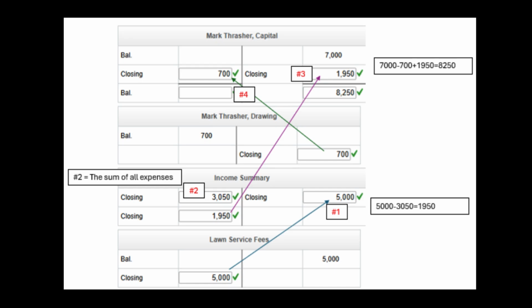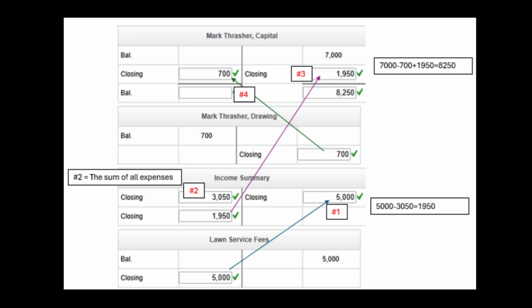After that, number 2. Where does that number come from? We are closing expenses to income summary. Underneath lawn service fees, you're going to have a whole list. I think it starts at wage expenses and goes all the way to miscellaneous. You're going to add all of those up, and whatever number you come up with is what you're going to plug in for number 2.